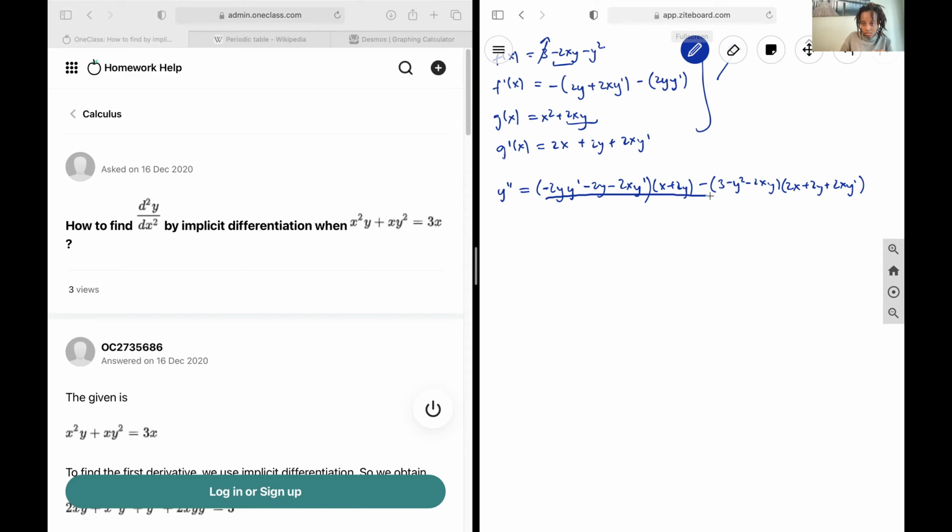And this is all going to be over x squared plus 2xy squared. And then now let's multiply these out.